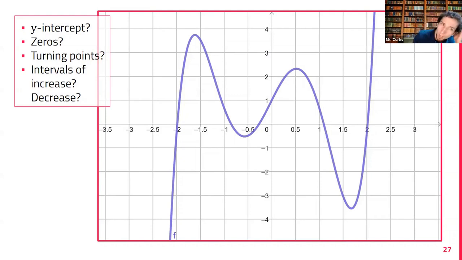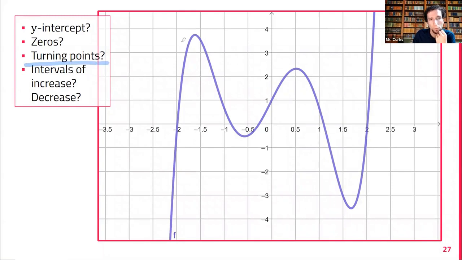All right, so in this case, for this example here, how many turning points do you see? Sorry, can you repeat your question? How many turning points do you see for this graph? 4.